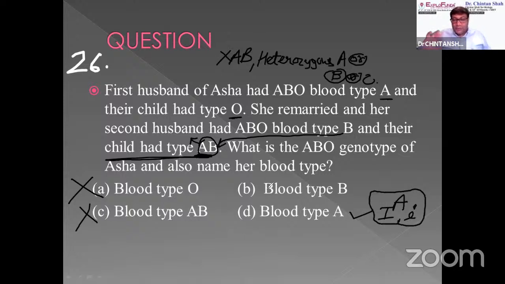I can change the option in that way also. That's another way I can do it. Because if the A blood group is pure, then this possibility is not there. So it is an impure A blood group.